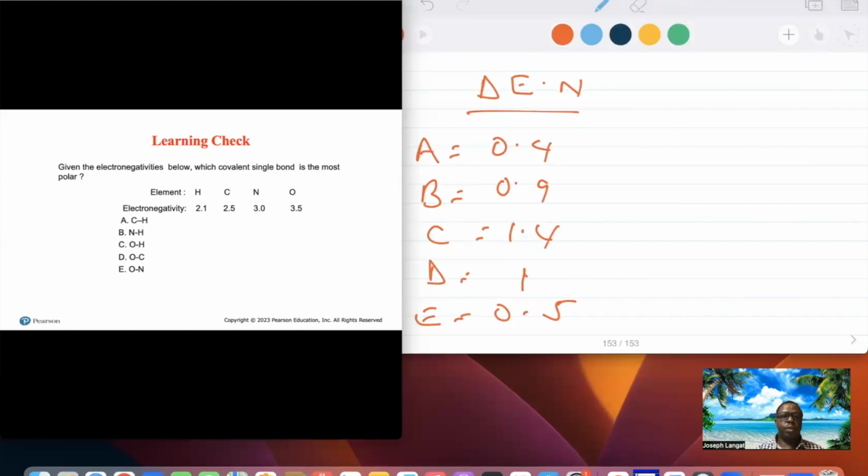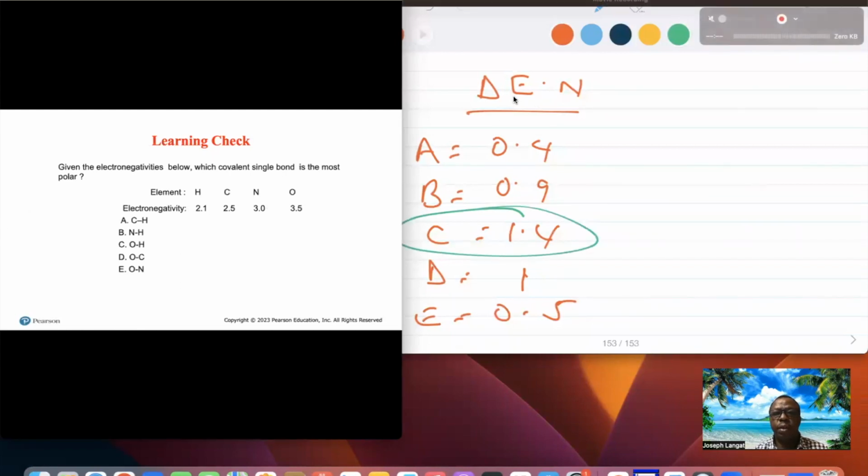The question is which is the most polar. This will be C.